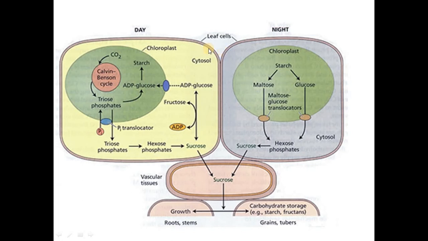Okay, so I know this picture that I have right here is kind of bad. It's from an old book, but it is showing us very well what is happening. So that sucrose is then going to be transported, and I quote, over long distances, used for, let's say, growth at the stem or root or new leaves, new flowers, or it is going to be stored in grains and tubers, or there should be another arrow right here.